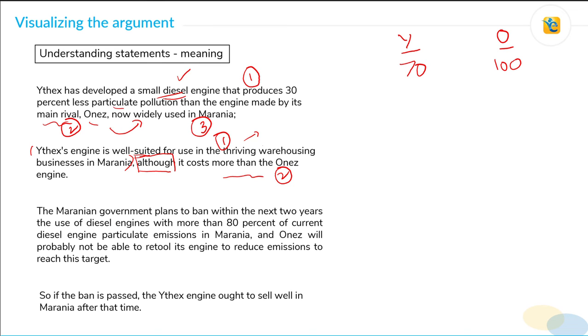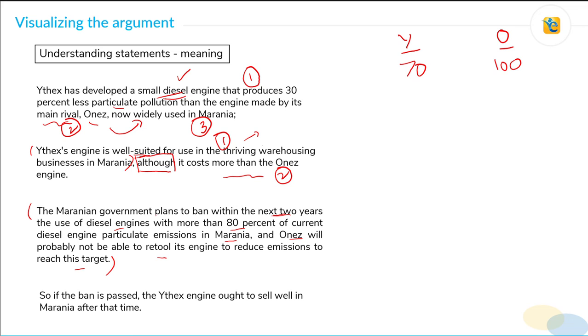The Maranian government plans to ban, within the next 2 years, the use of diesel engines with more than 80% of current diesel engine particulate emissions in Marania, and Onsus will probably not be able to retool engines to reduce emissions to reach this target. So, a very long sentence, but very important to understand. Essentially what this tells us is that the Maranian government right now, of course, Onsus is the most widely used, so obviously it does meet the current criteria of emissions or particulate pollution.